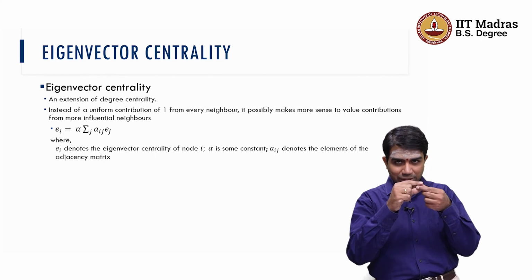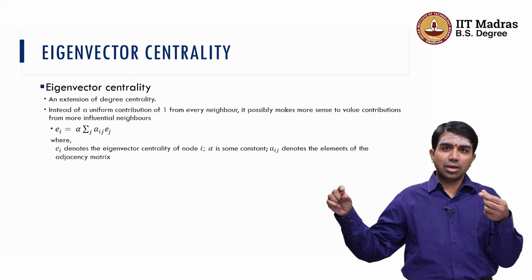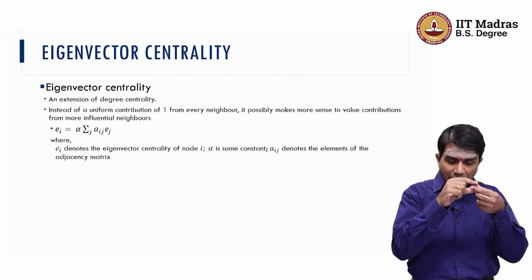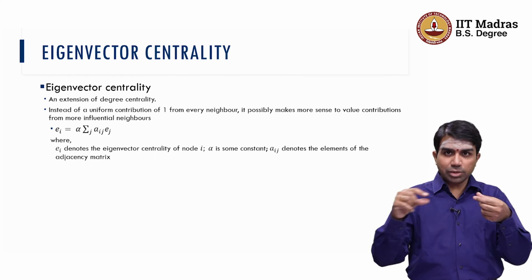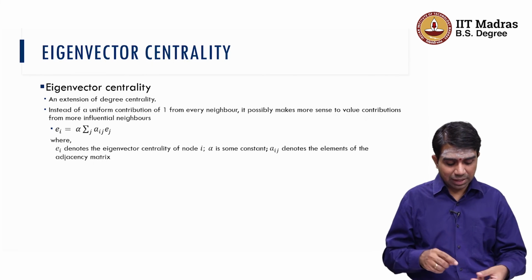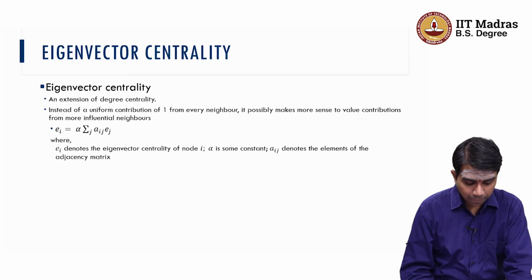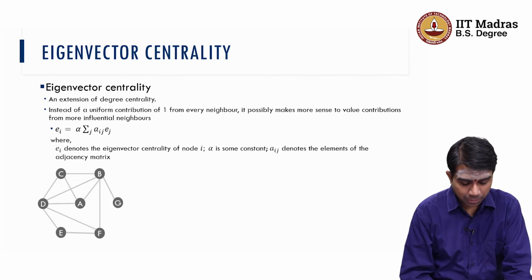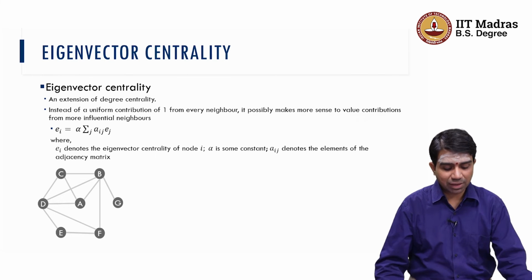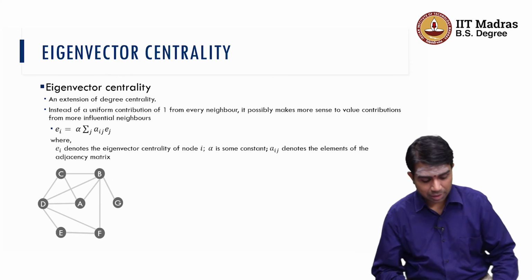You basically look at the adjacency matrix, sum over all the columns for a given row, and take all those centrality values, which is E_j, and weight it appropriately. And this you can see mirrors the Eigenvector definition very nicely.